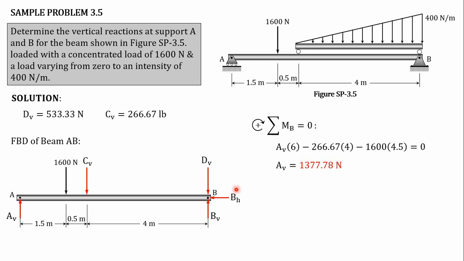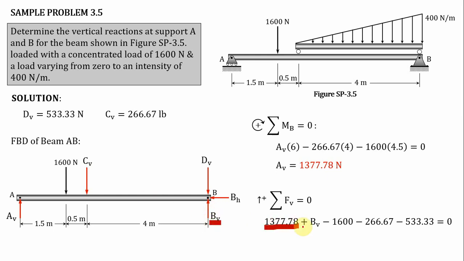Okay? So, how about to solve BB class? Since mayroon na tayong AB class, we can directly solve BB by summation of vertical forces is equal to 0. And then we assume that going upward is positive. Okay? So, AB natin is going upward. AB natin is 1,377.78 Newton. Okay, so ito yon positive. And then BB natin class is going upward, and unknown. So plus BB tayo.